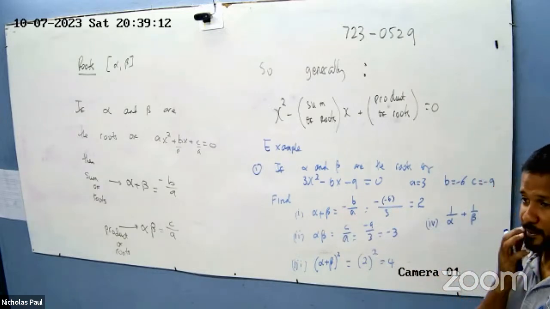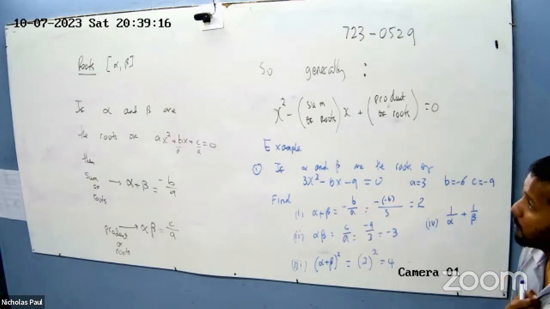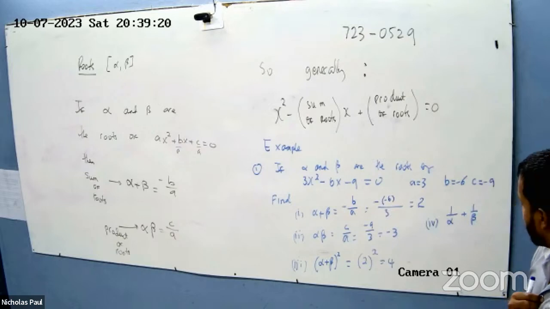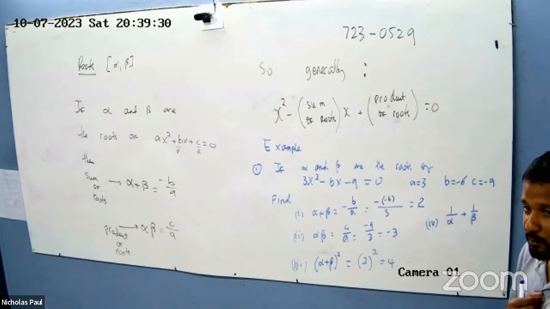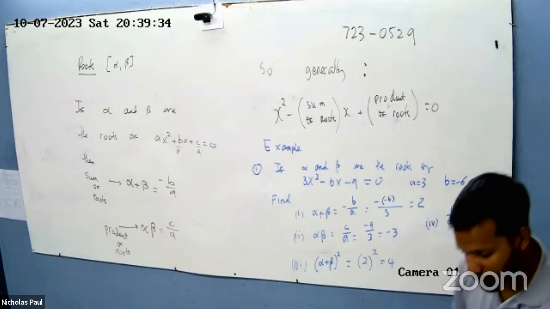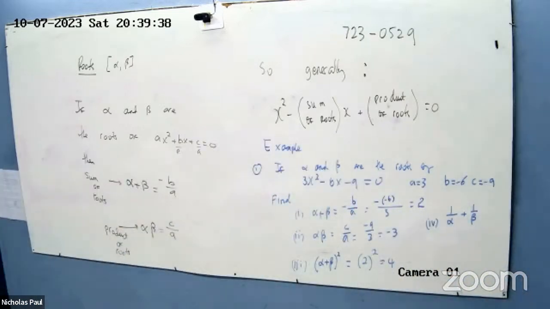Any ideas? Anybody online? Divide by minus B? You could try, but that wouldn't work there. Good try. Think about it. How are we going to get 1 over alpha plus 1 over beta?